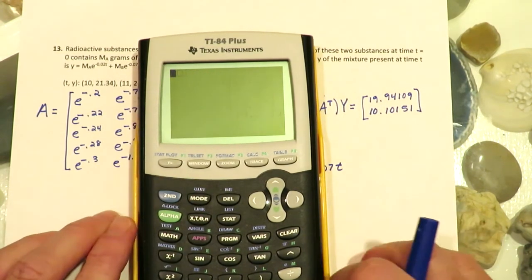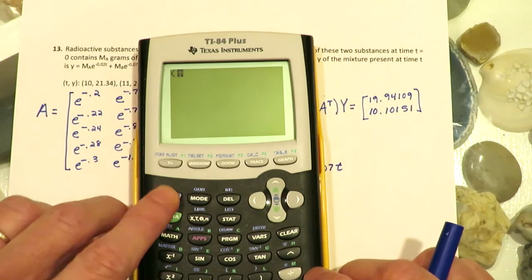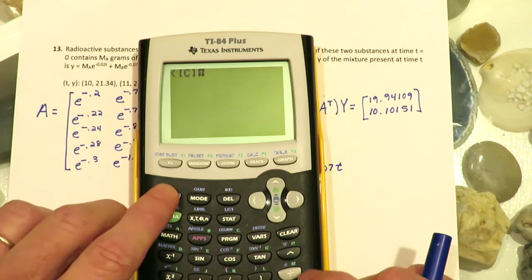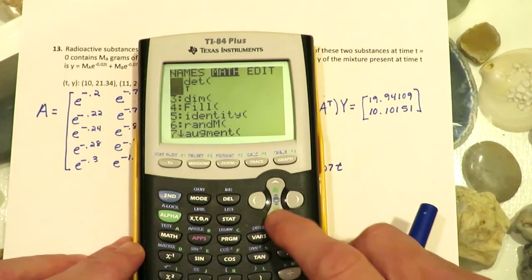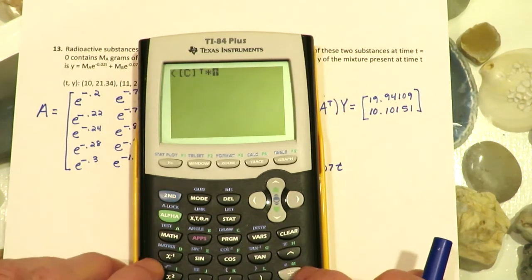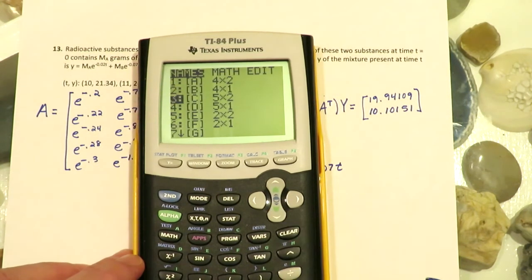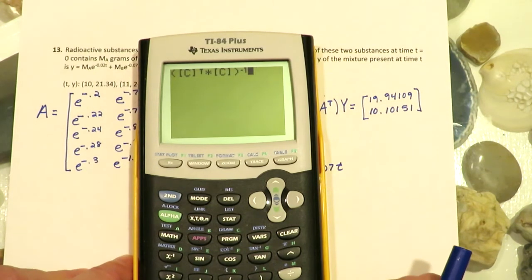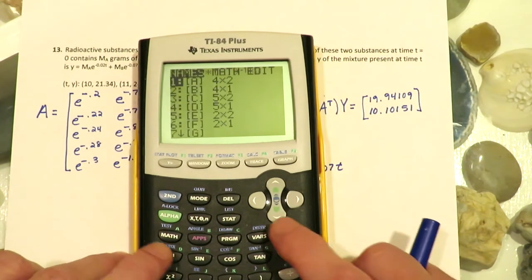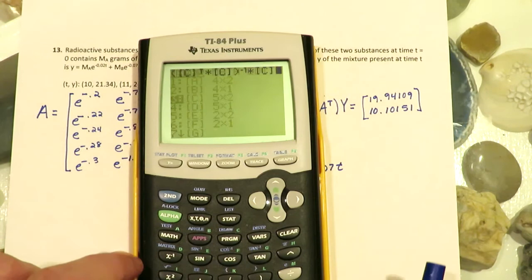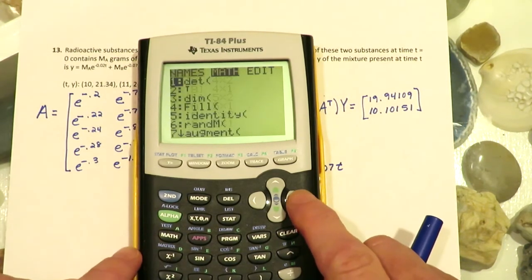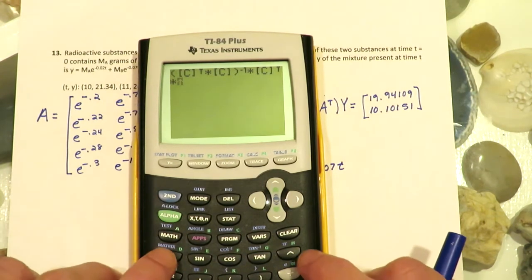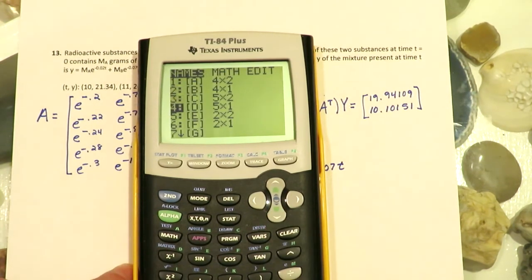So carefully, I want to take C, and then I want the transpose of C, and then we're going to multiply by C, and we want the inverse of that product times C transpose, and then multiply by the matrix that has the y values in it.